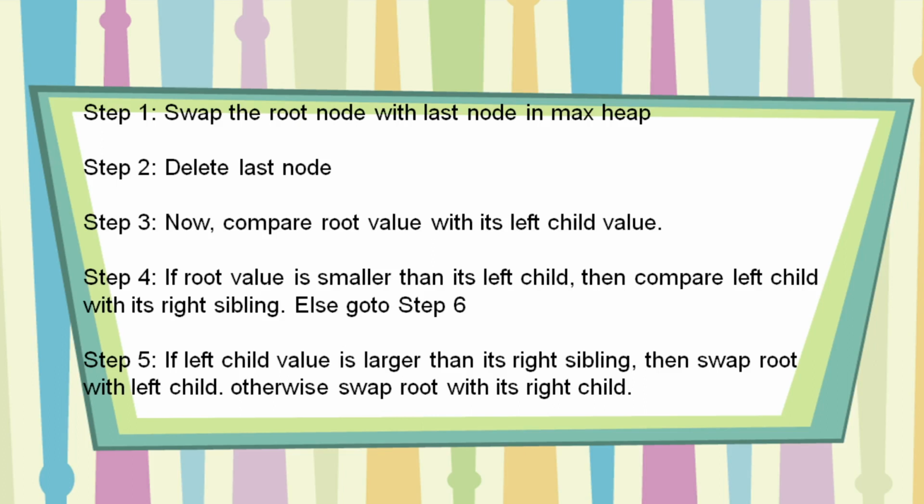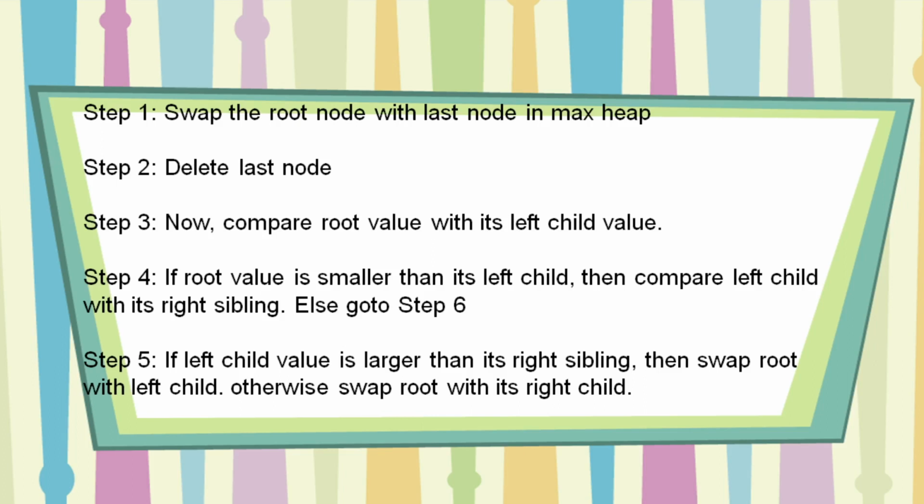Now compare the root value with its left child value. If the root value is smaller than its left child, then compare it with its right child. Else go to step 6. If the left child value is greater than its right child, then swap the root with the left child.